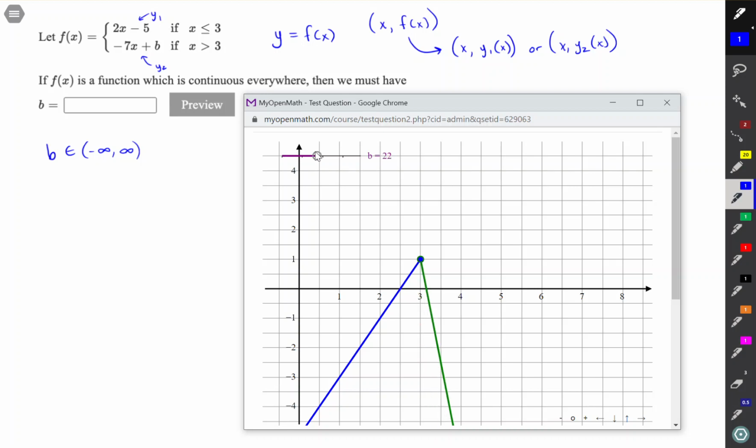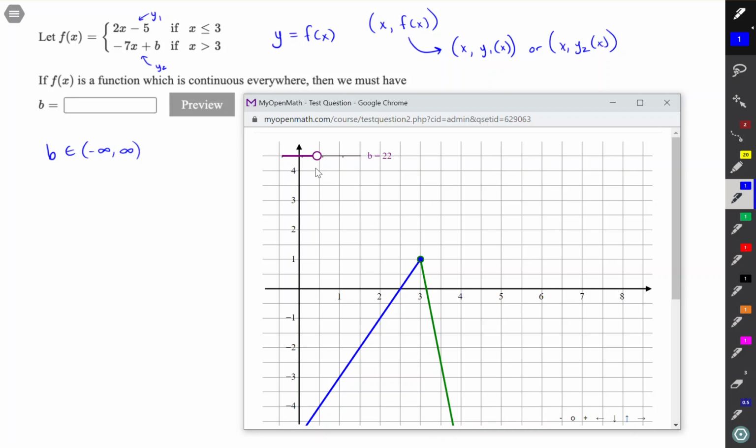And there's only one value of b that's going to make a continuous curve here, because in order to have continuity with a piecewise defined function, you have to have the graph approaching the same y value on the left as it is on the right. So in order to make that happen, we need to determine where this point is.